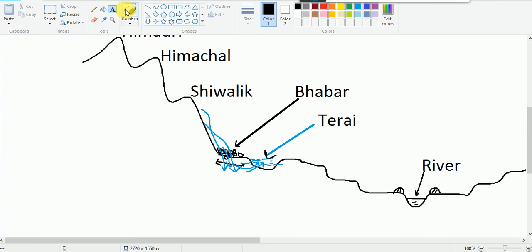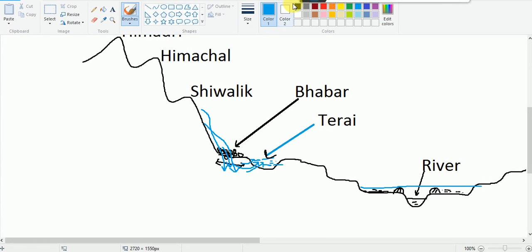Just nearby the river bank you'll find a low-lying area. This low-lying area is known as floodplains. When the river is in flood, this low-lying area will be flooded, and hence the name floodplains is given.